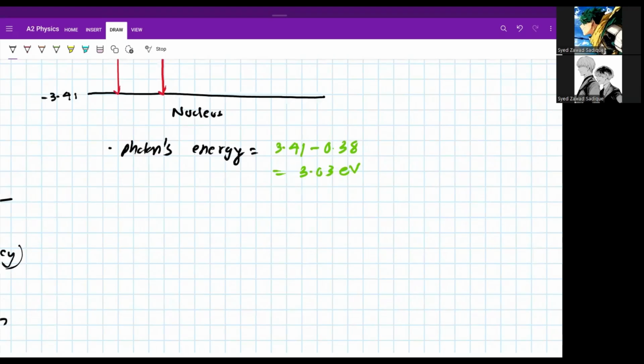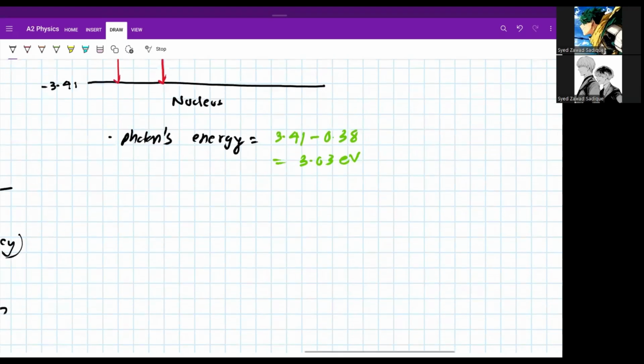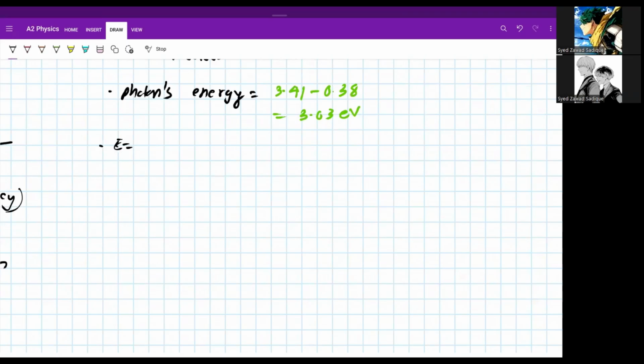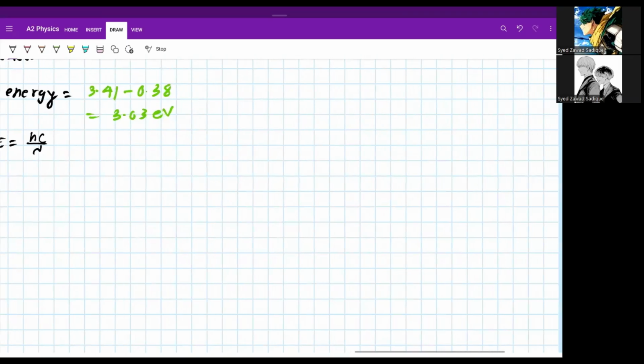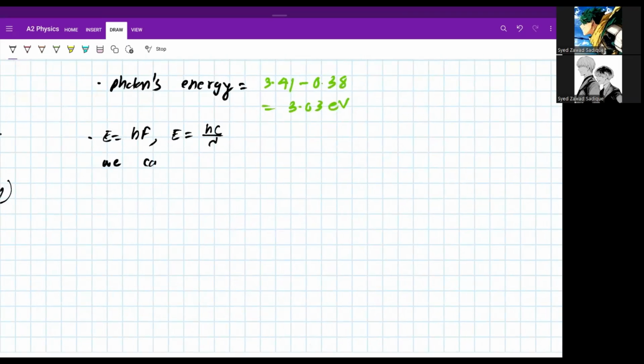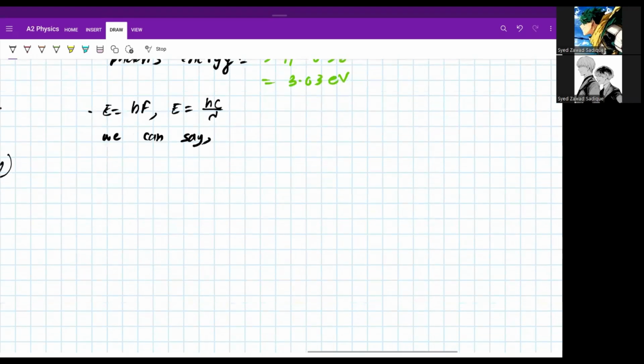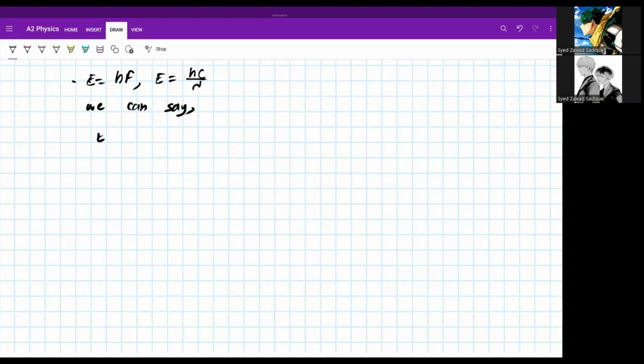As we know that E equals hf, or E equals hc by lambda, we can say E1 minus E2 equals hf, because the change in energies is the energy of the photon.